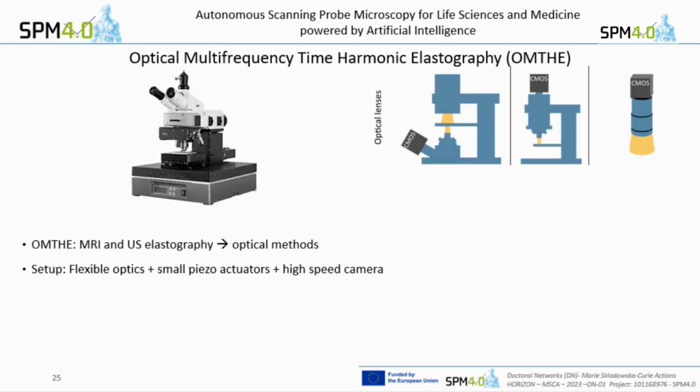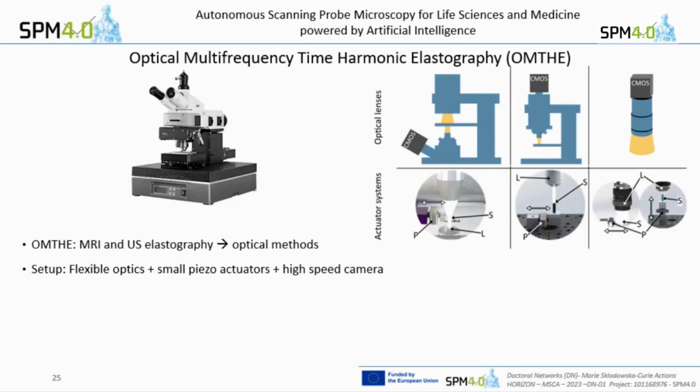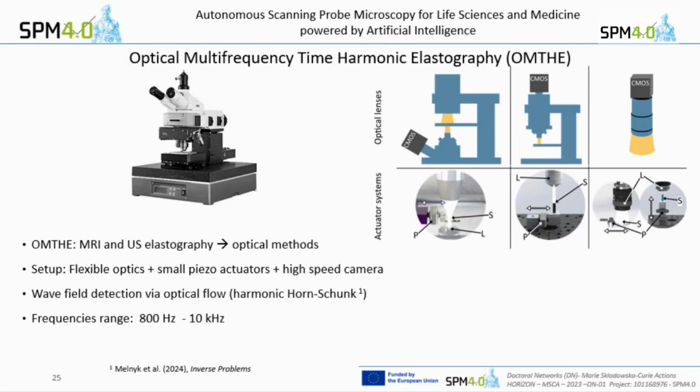Then we need some devices that shake our samples, which we do by small piezo actuators. You can see some here. And most importantly, we need in this case a very good high-speed camera because we measure at high frequencies. This goes from 800 to 10 kilohertz, so way above the AFM frequency range.